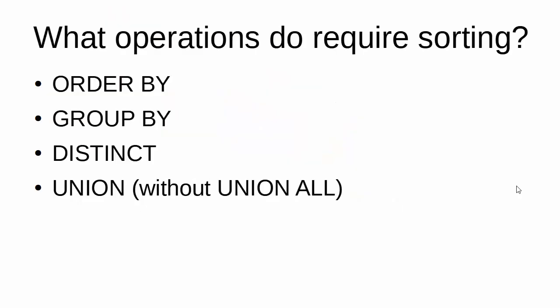In order to understand why InlineSortThreshold is important, we need to start with some basic theory. As you know, there are operations which require sorting, like order by, group by, distinct, and union, without union all.